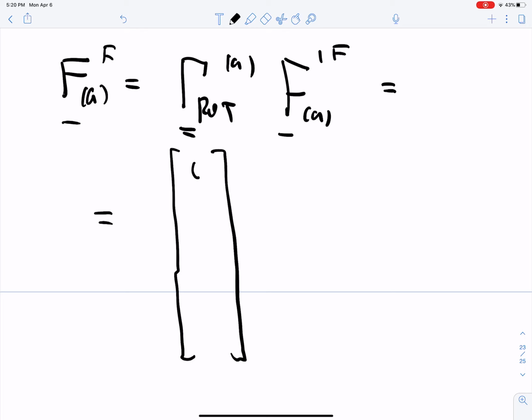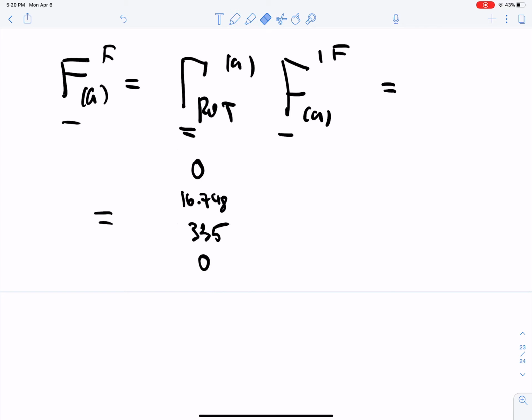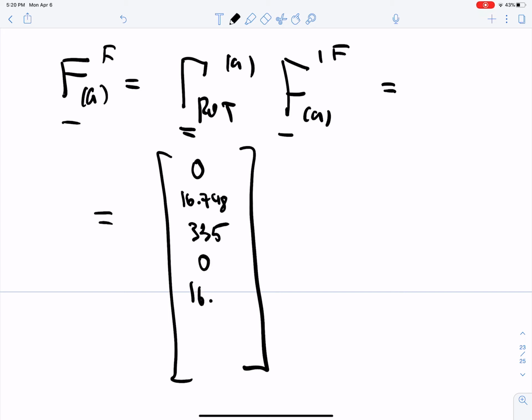You get back 0, 16, 7, 4, 8, 335, 0, 16, 7, 4, 8, and minus 335 kilopounds, kilopounds, kilopounds-inch, kilopounds, kilopounds, kilopounds-inch.